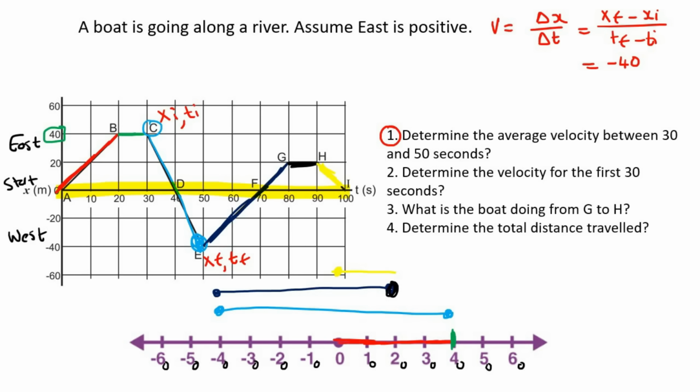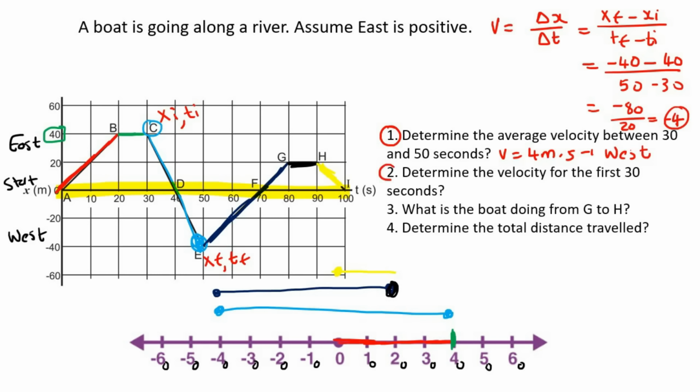So it's negative 40 minus 40 over 50 take away 30. That gives negative 80 at the top and 20 at the bottom, which is negative 4. Because it's negative 4, the speed is 4 meters per second, and since east is positive and we got a negative answer, we say west.